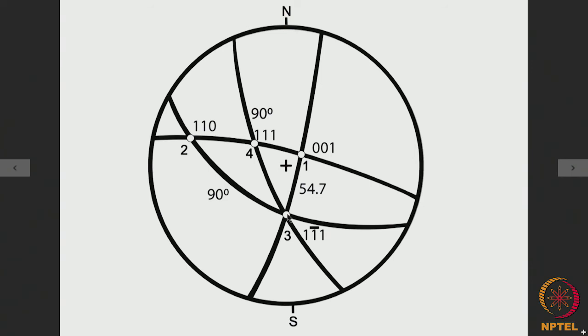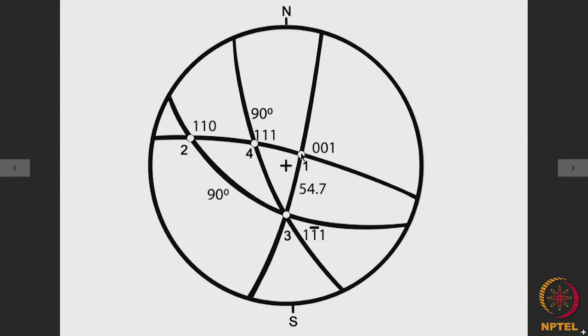So, we have a situation where we have the great circles showing the poles of different zones. This shows the poles belonging to a particular zone, this shows the poles of another zone, and this shows the poles of a third zone.